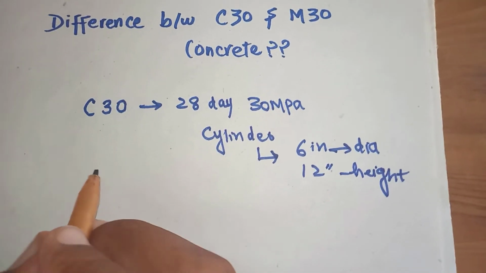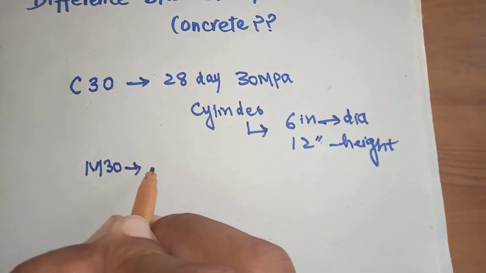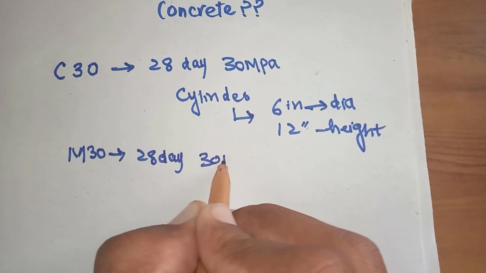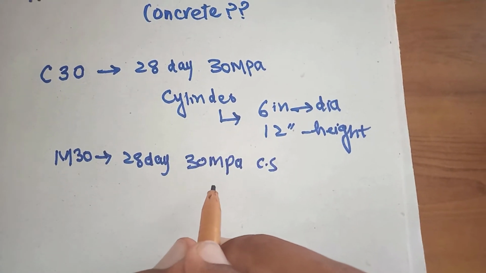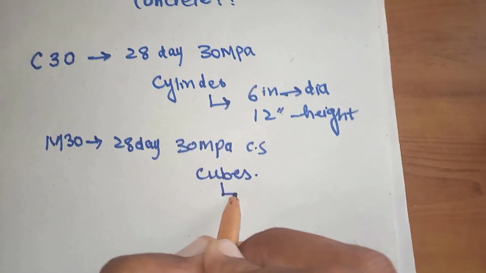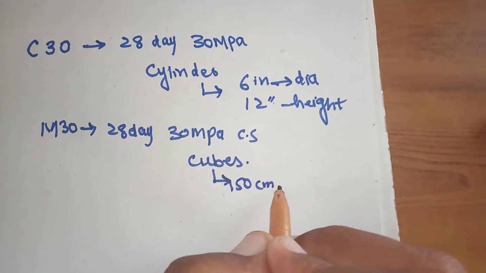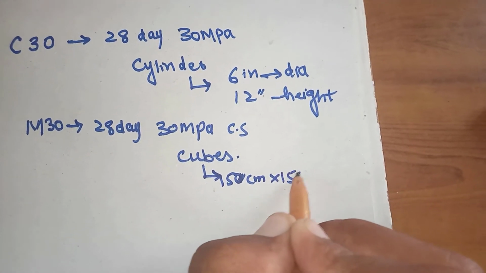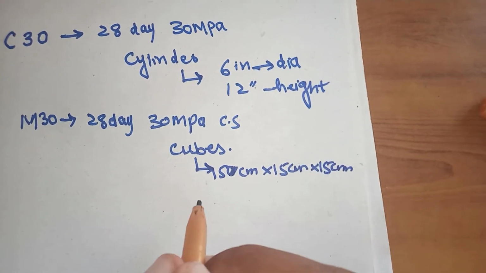And now what is M30? M30 is the 28-day, 30 megapascal compressive strength of a sample that is prepared in cubes, and the size of the cube is 15 centimeter multiplied by 15 centimeter multiplied by 15 centimeter.